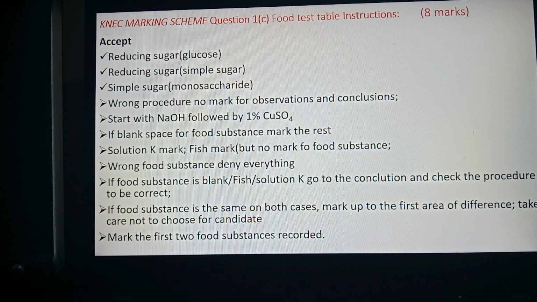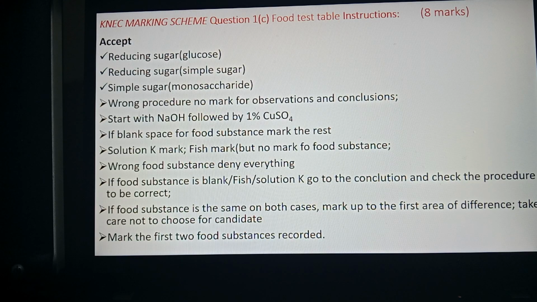Now, this is the way the council wanted you to mark that table. Reducing sugar, in brackets, glucose, you can accept. Reducing sugar or simple sugar in brackets, you can accept. Simple sugar or monosaccharide in brackets, you can accept.